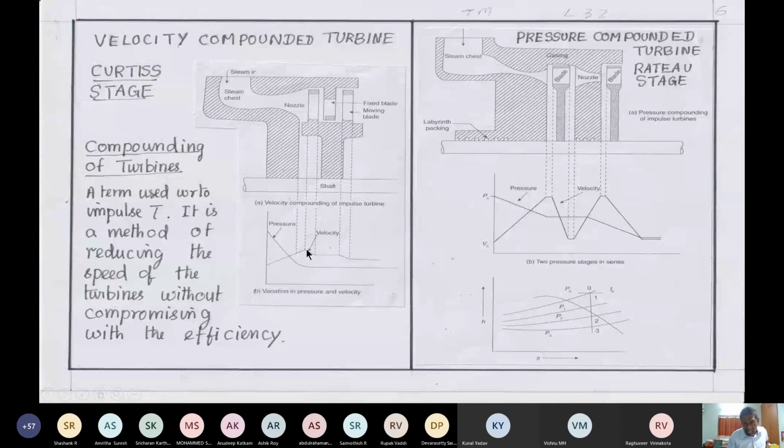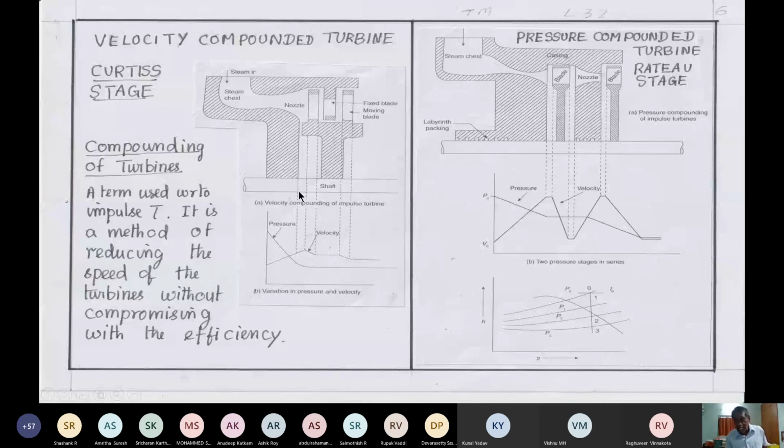Then in the stator, the velocity magnitude remains constant, but the direction changes, so that in the next set of blades the next energy absorption takes place, the velocity reduces and it goes out with low velocity. So by putting in between a row of stationary blades, which redirect the flow to the proper direction, this is called velocity compounding, because the pressure is dropped in the first nozzle itself.